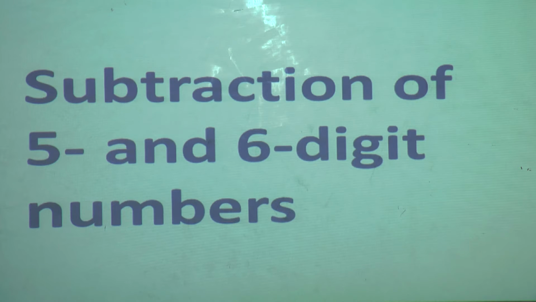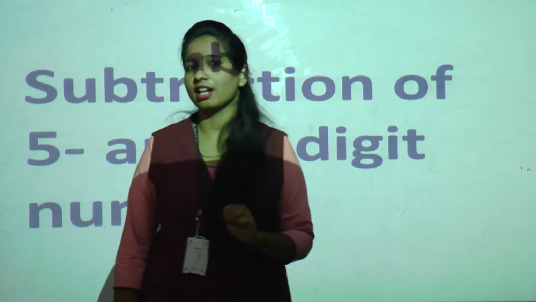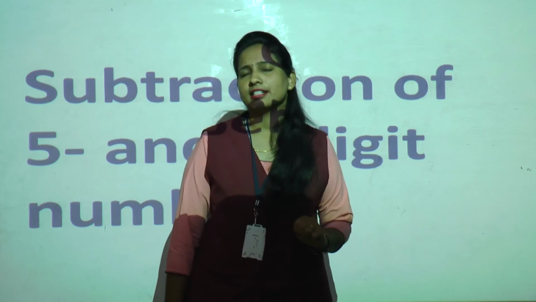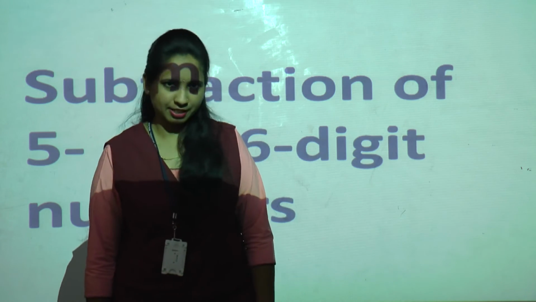Now we will move to our next concept, that is subtraction of 5 and 6 digit numbers. Okay. Now what is meant by subtraction, students? Let me give you one example. If your class strength is 40, we have 40 students in our class, isn't it? One day, suppose 5 students are absent.